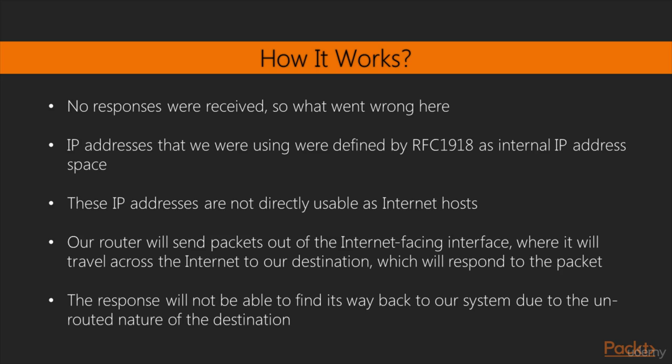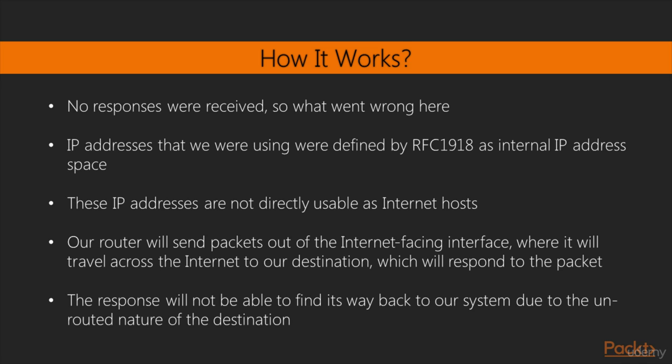You'll recall that I said the IP addresses that we were using were defined by RFC 1918 as internal IP address space. Due to this, these IP addresses are not directly usable as internet hosts. In our example, one of two things will happen. Our router will send packets out of the internet-facing interface, where they will travel across the internet to our destination, which will respond to the packet.